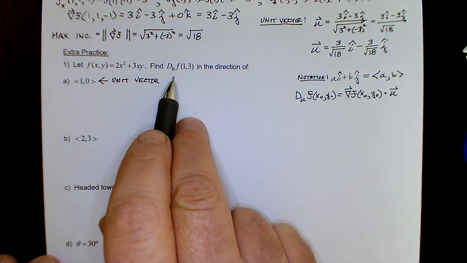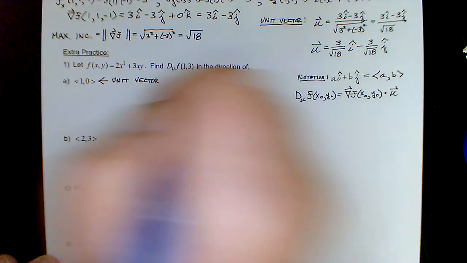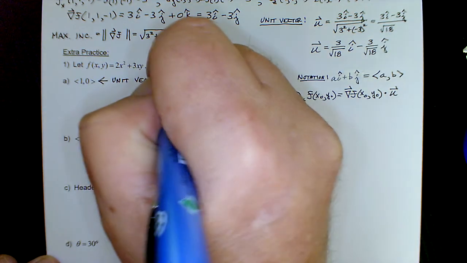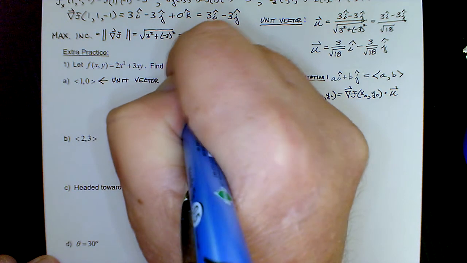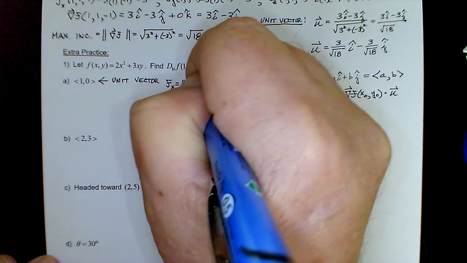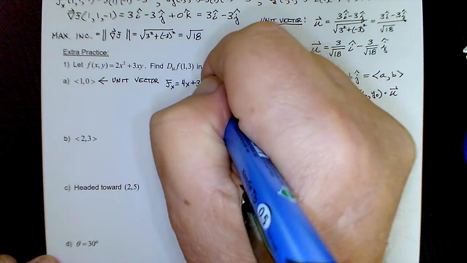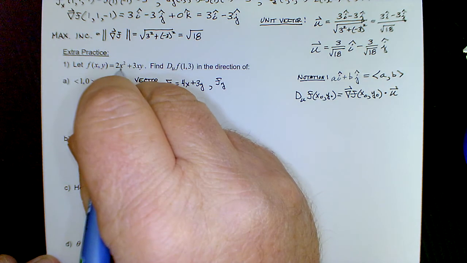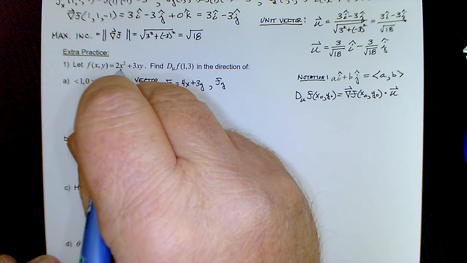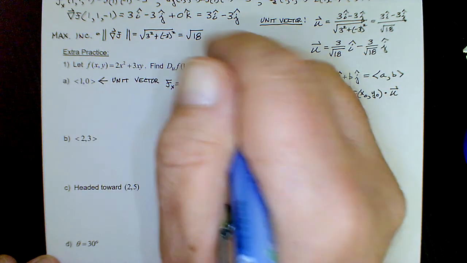So we'll find some partials. Partial of f with respect to x would be 4x, and then plus 3y, because y is a constant, or 3x is 3. So there's the partial with respect to x, partial with respect to y. Okay, x is held as a constant, so here the derivative of 2x squared is 0, and the derivative of 3xy, since x is a constant, derivative of y is 1, so we just get 3x.